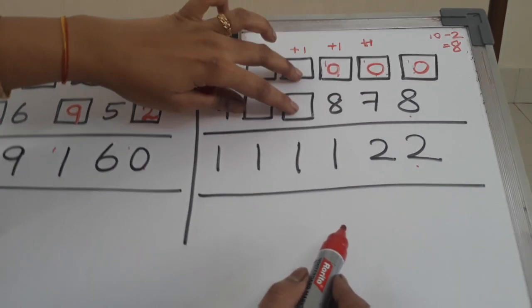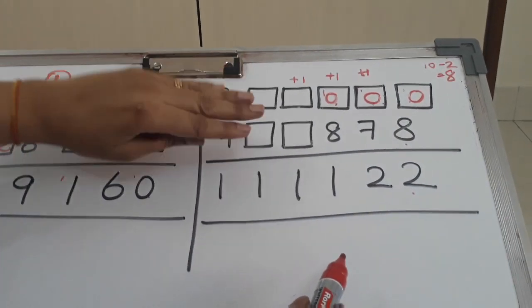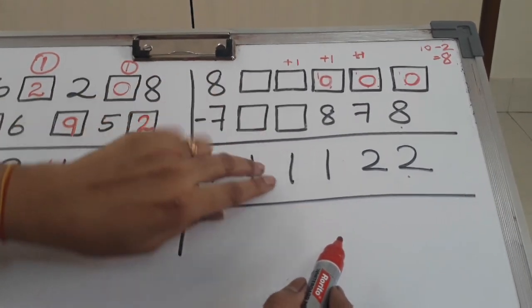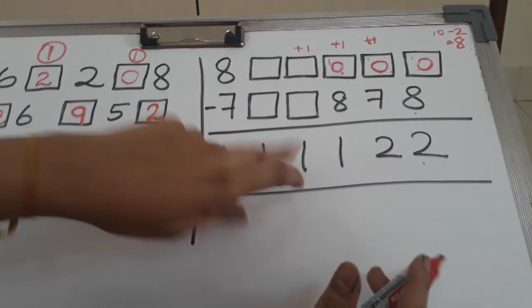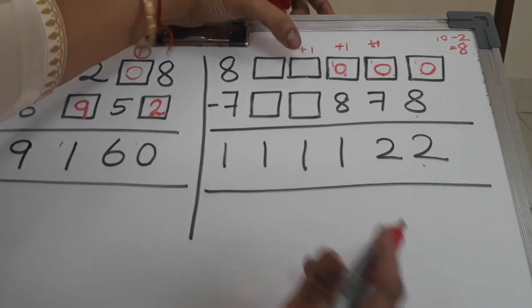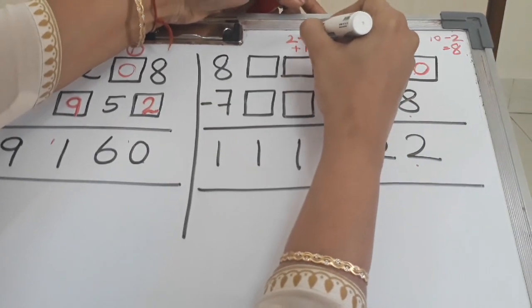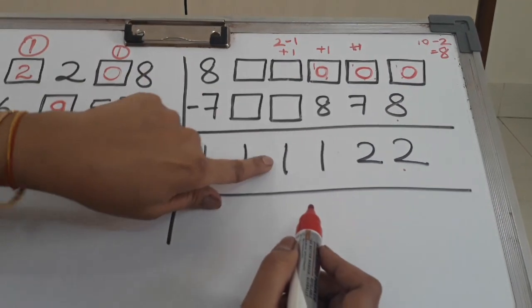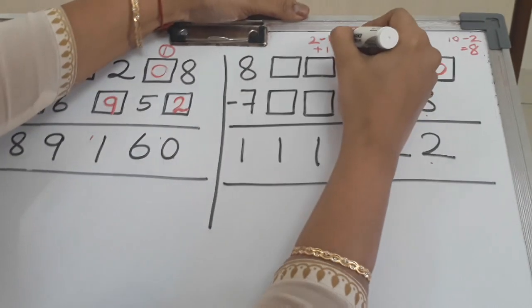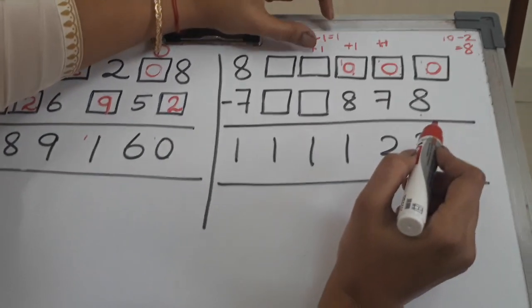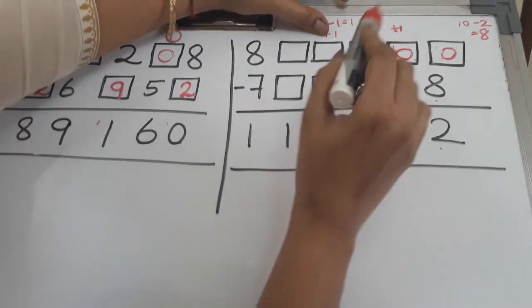Now you can see 2 blocks are there. So we can choose any number so that we get the answer 1. Suppose I take 2 minus 1, what is it? 1. But we have to give 1 to the 0.